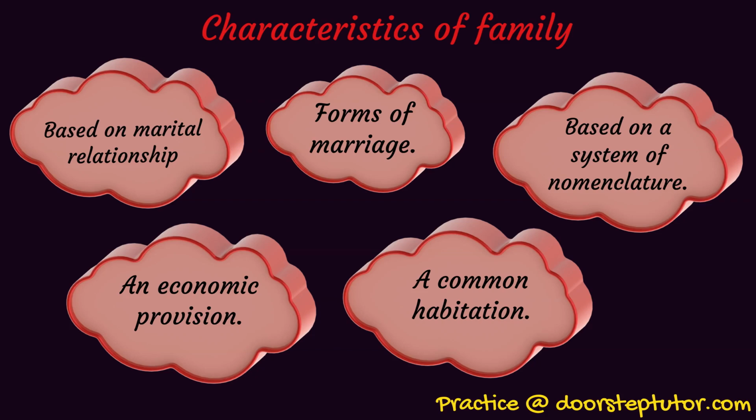These are the titles that represent the nomenclature of the family. At the same time, family must have an economic provision. That means the adult members of the family must have the ability to earn bread for the family, and a common habitation. In other words, a common residence where the spouses after getting married can establish their family.